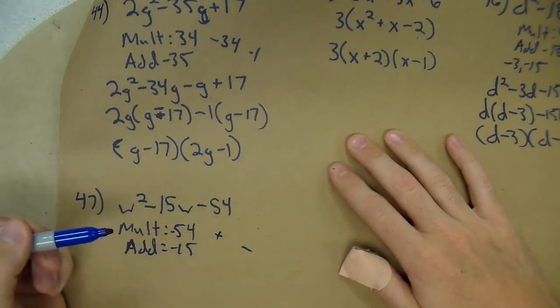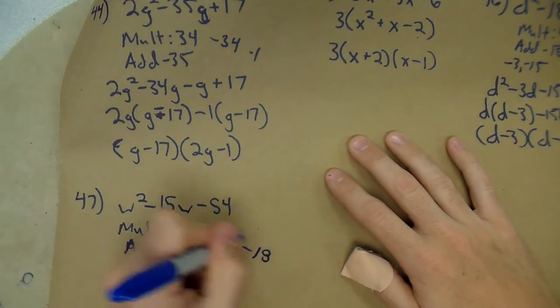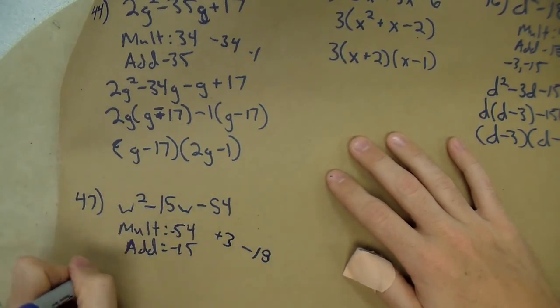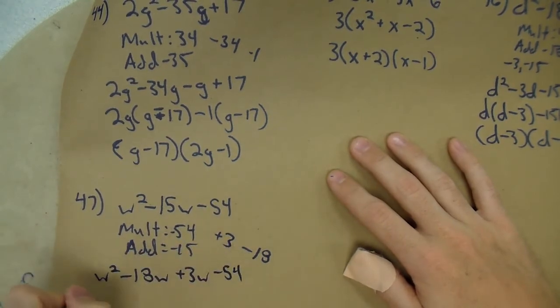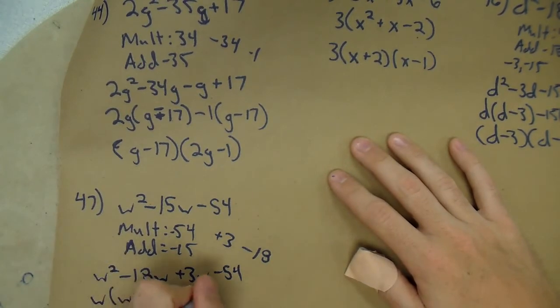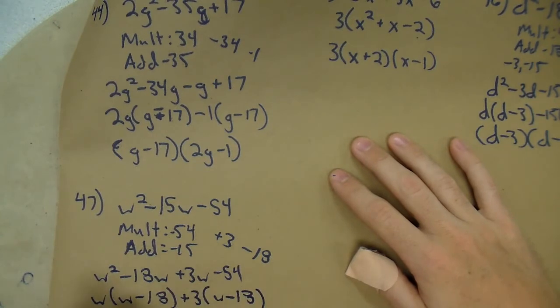What if we did 18 and 3? Made it negative 18, positive 3. W squared minus 18w plus 3w minus 54. We'll take out a w. We'll take out a 3. So we get w plus 3, w minus 18.